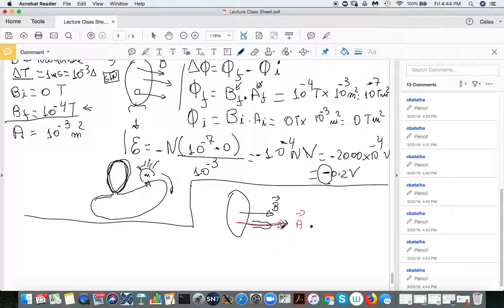And then curl the fingers of your right hand as if you're going to grab this vector. When you curl your four fingers as if you're going to grab this normal vector, it gives you a direction of the circulating current.